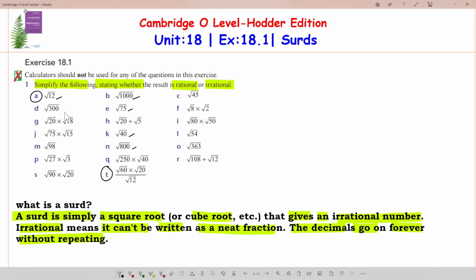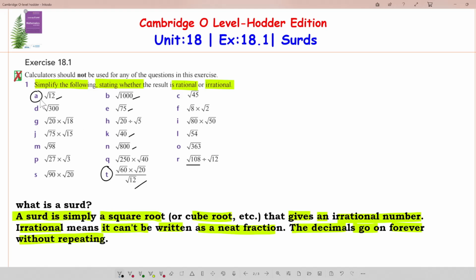Multiplication, like root 20 times root 18, we will solve in the second part. And finally division, like root 108 divided by root 12, or root 60 times root 20 divided by root 12, will be the third episode. This way you can learn and keep practicing step by step.